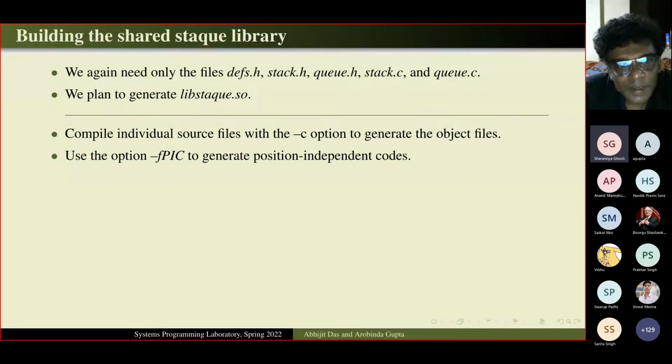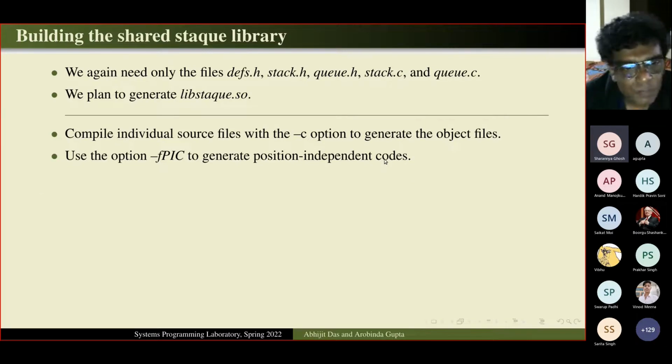This PIC is needed because the functions defined in the object files may later be relocated anywhere. Therefore, you should not always say that my sqrt function will start from here. PIC essentially does that. Position independent code.